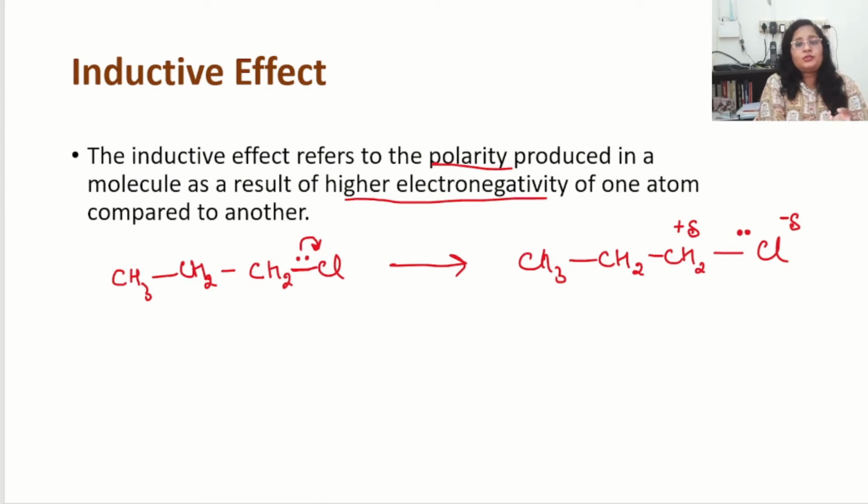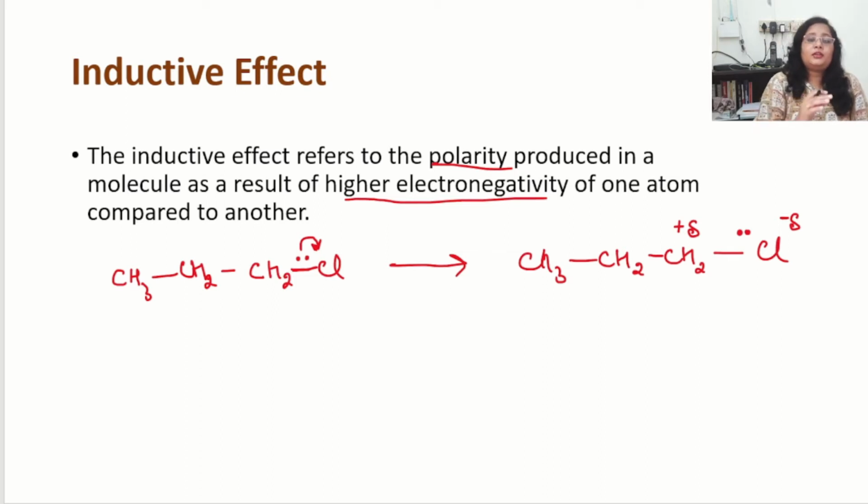Now what is the use of this? The use is when a compound like this is going through a reaction mechanism, and we send a nucleophile as a reagent. The nucleophile, which has a minus charge, will directly go and attach to the positively charged carbon, which is already positively charged due to inductive effect.